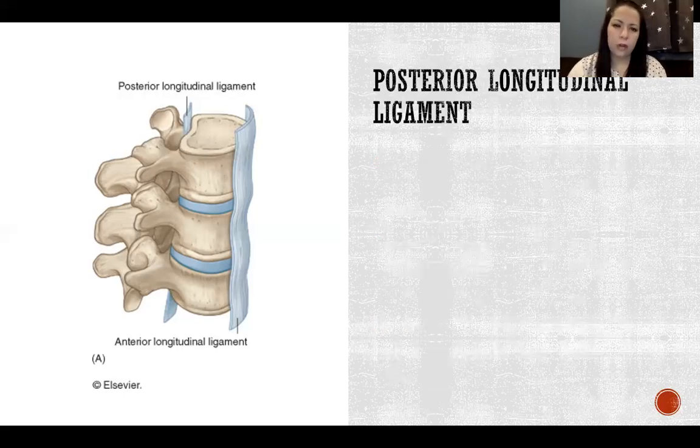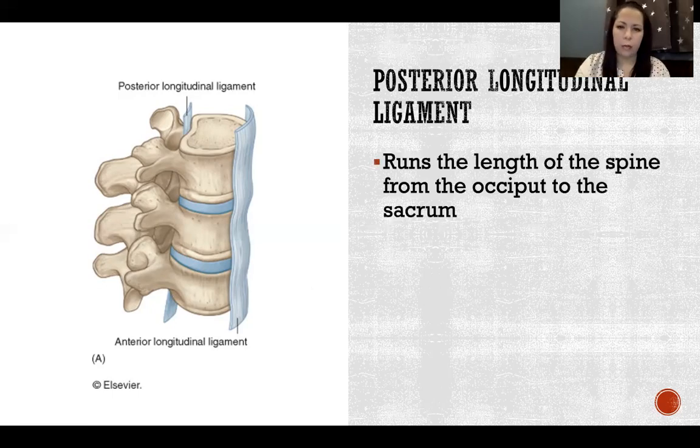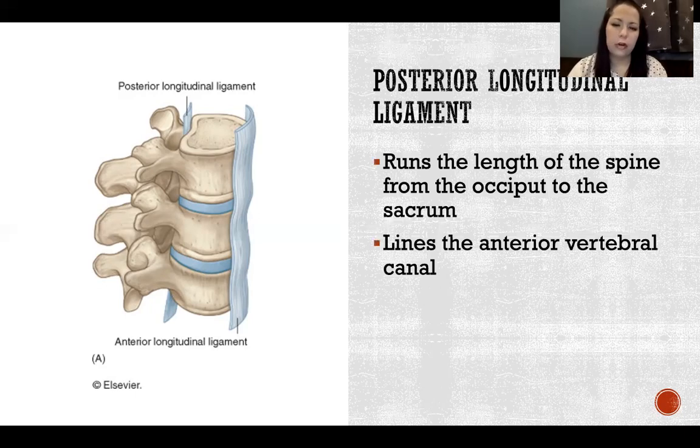The posterior longitudinal ligament, we can also see in this picture, but it's the smaller, narrower one on the posterior side of the vertebral bodies. It runs the whole length of the spine from the occiput to the sacrum, just like the anterior one. It lines the anterior vertebral canal, but it's attached to the posterior sides of all of the vertebral bodies.